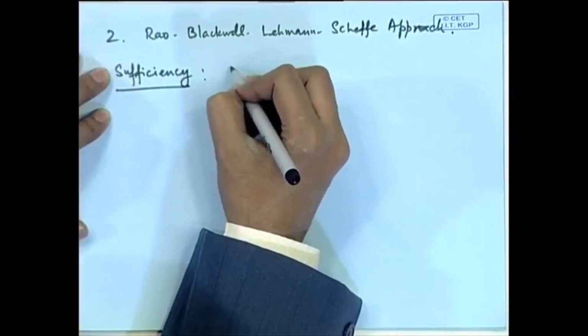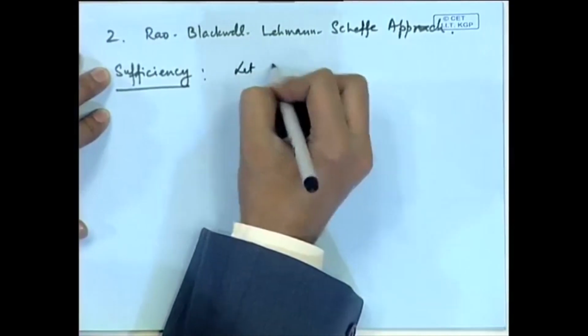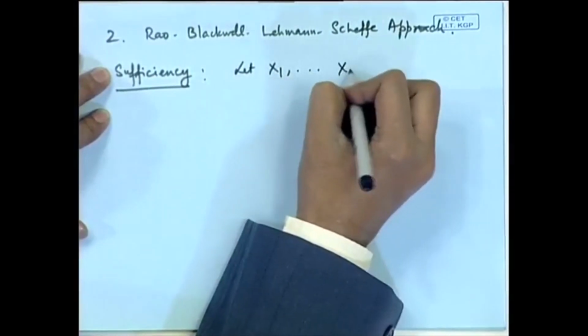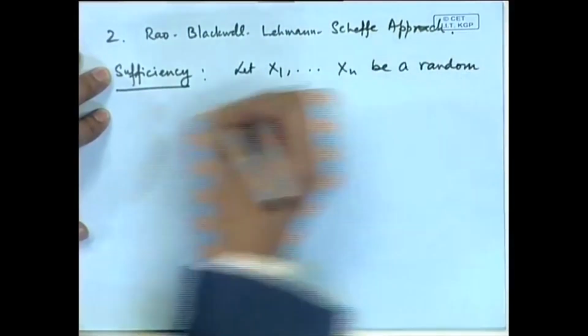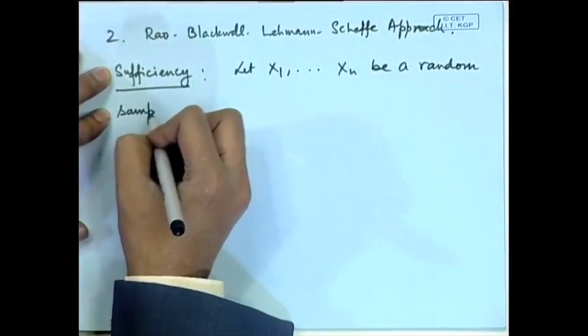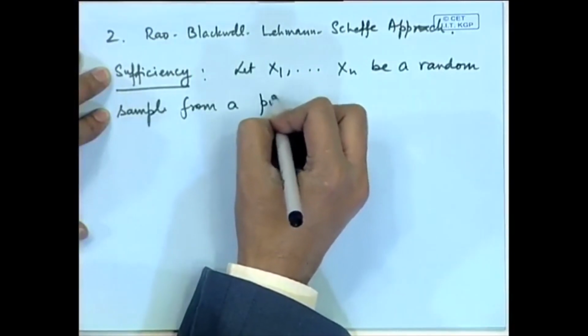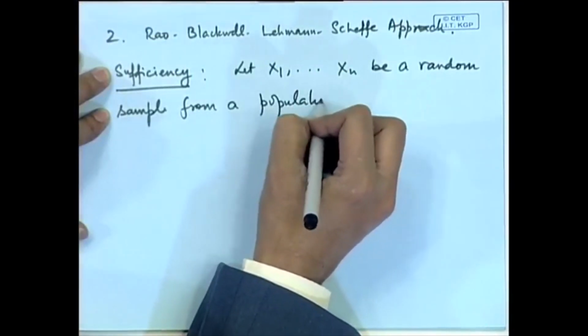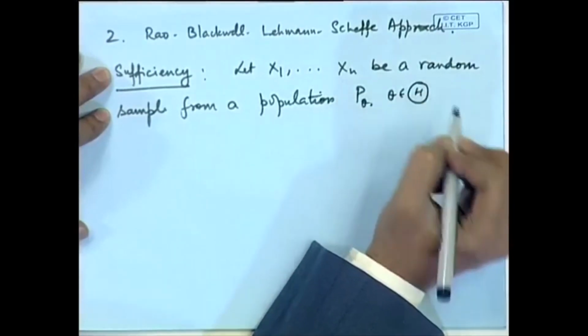So, we have the regular model: X1, X2, ..., Xn a random sample from a population, say p_theta, theta belonging to script Theta.